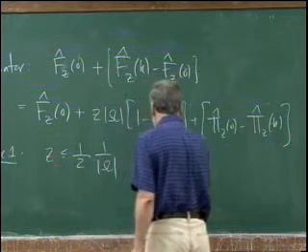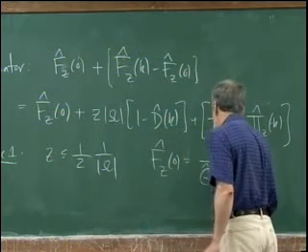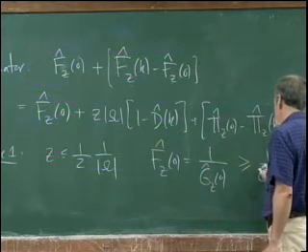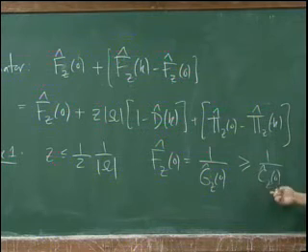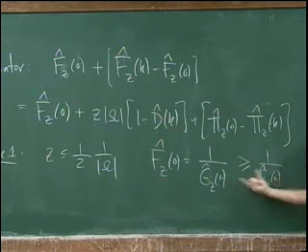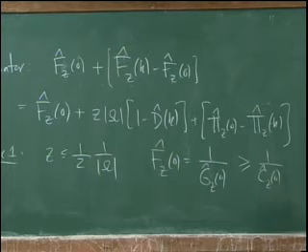So in this case, fz hat of 0, which is 1 over gz hat of 0, is actually greater than or equal to 1 over cz hat of 0. So this is just saying that there's more simple random walks than self-avoiding walks. This is a bound that you can't use if you want to go all the way to the critical point, but here we're staying away from the critical point even for simple random walk. And this is something explicit. In fact, this is 1 minus z times omega, and this is greater than or equal to a half.